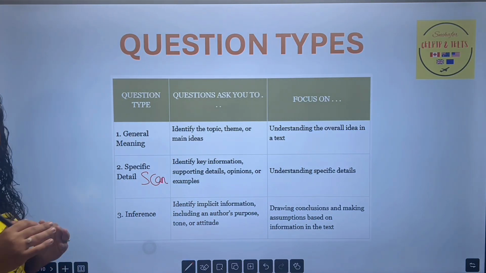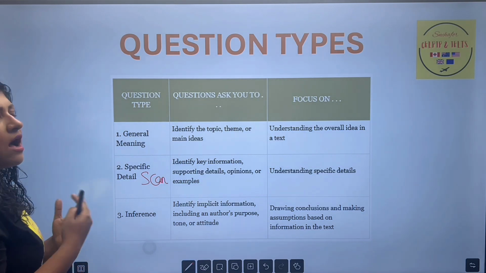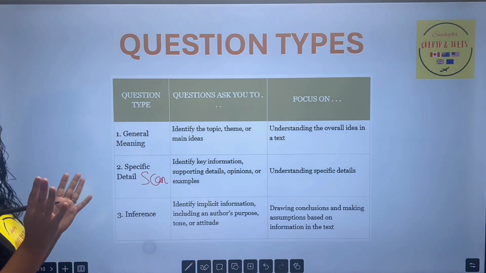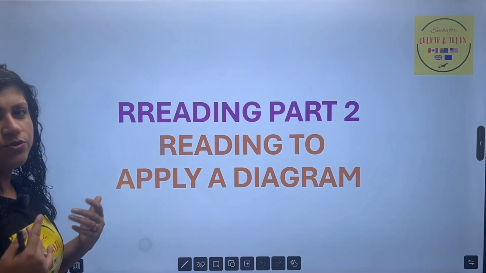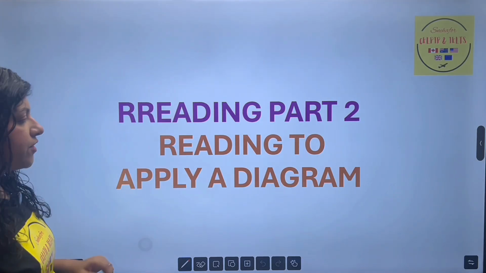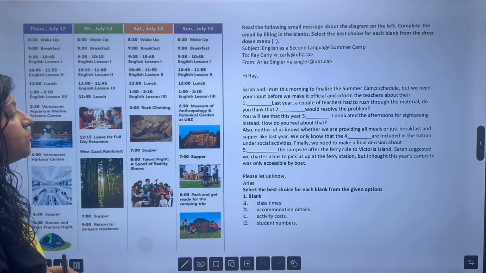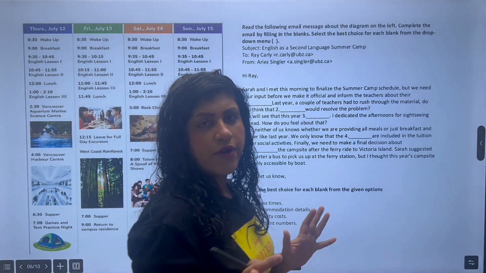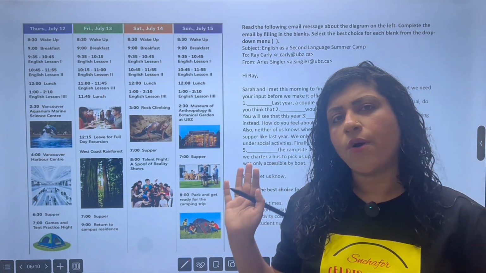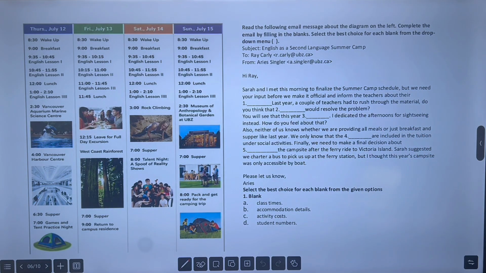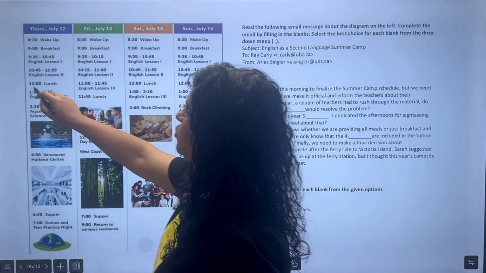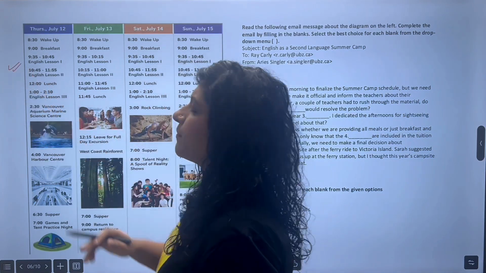So with that in mind, let's actually see how task 2 appears in your examination. So reading part 2, it's reading to apply a diagram. And over here, you will find something like this on your examination's computer screen. So it's going to be a visual like this one.